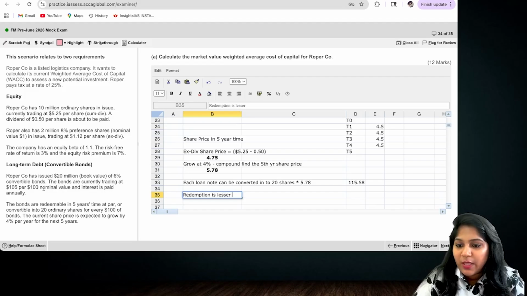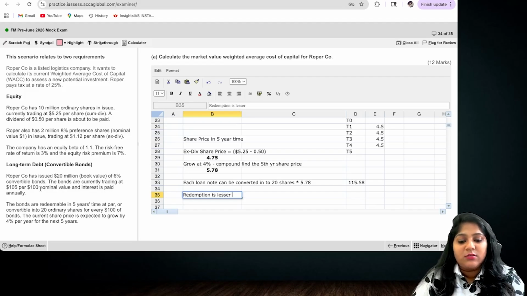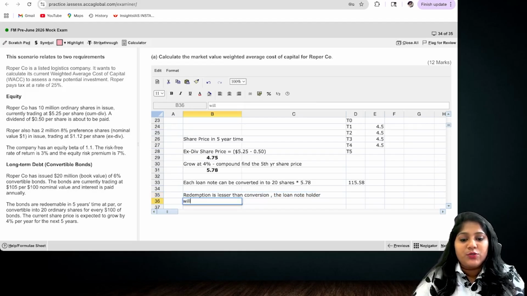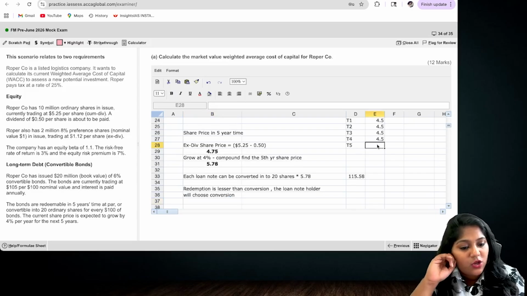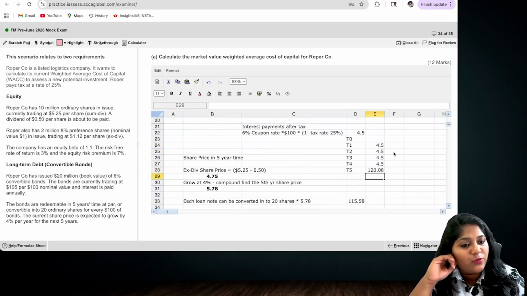You can redeem at $105, lesser than conversion. So the loan note holder will choose conversion. That means my T5 is not only the 4.5 plus this amount. Overall, I'll have a cash flow of so much.